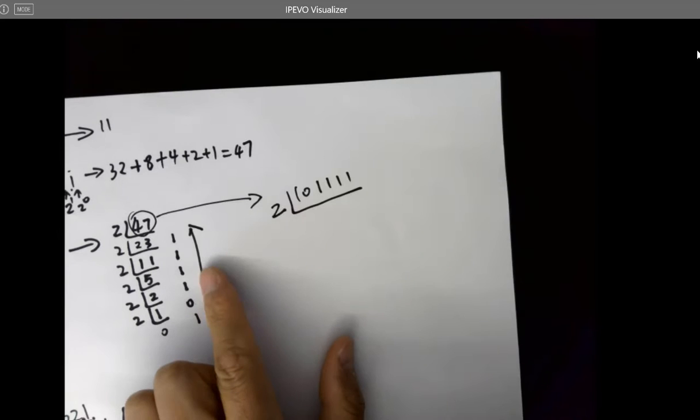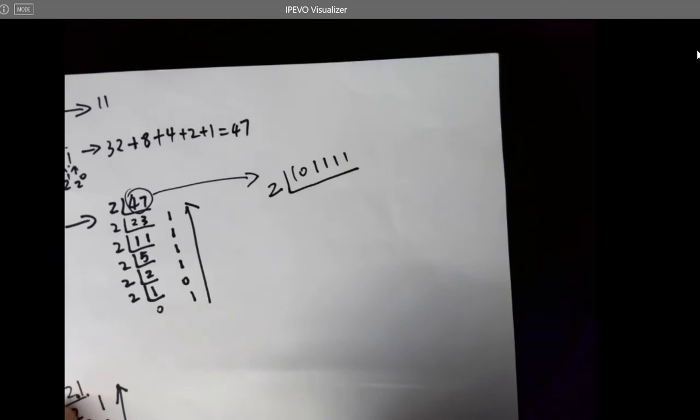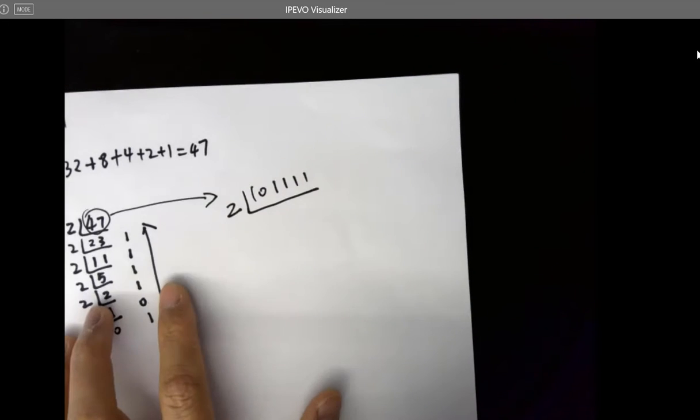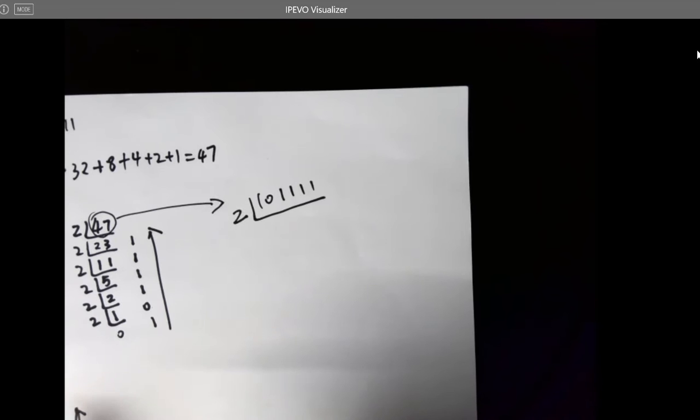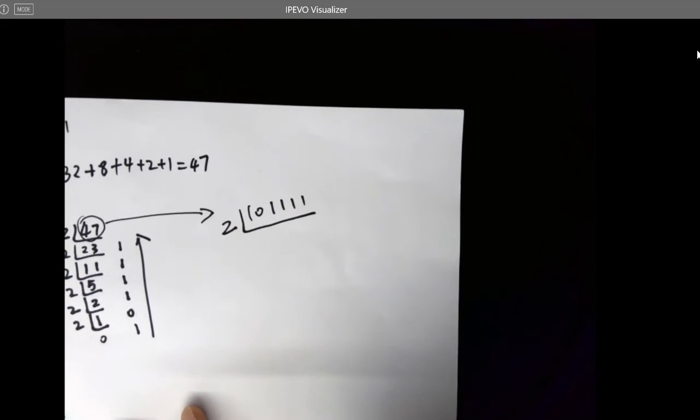Same concept here. The only difference is, for a decimal number, to move the digit you divide by 10. For a binary number, to move the digit you divide by 2.